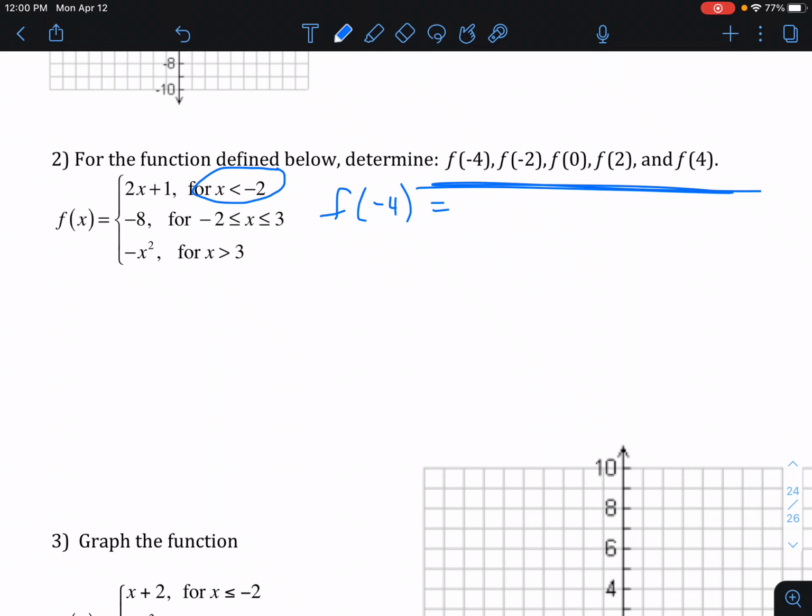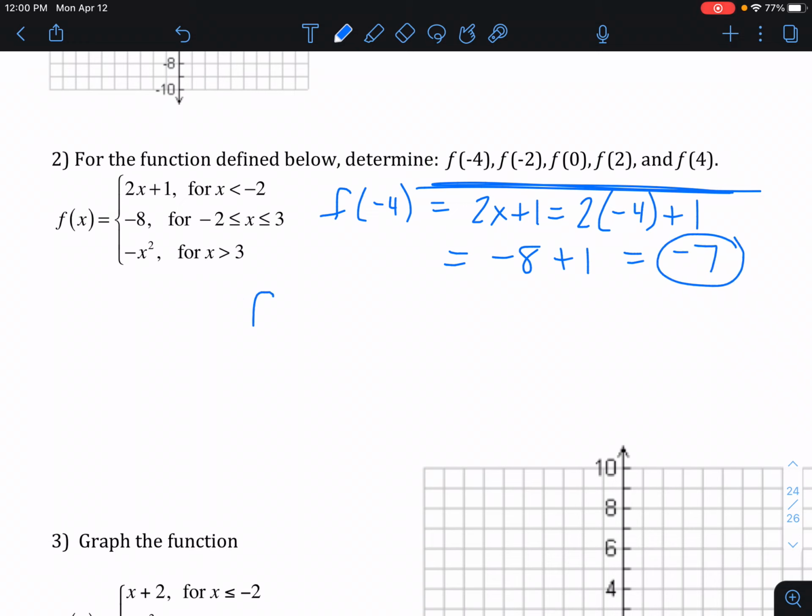Yes, it is. So I will be using 2x plus 1. The inequality tells you which to choose. I'm going to plug negative 4 in for the x. So it's 2 times negative 4 plus 1, which is negative 8 plus 1, which is negative 7.